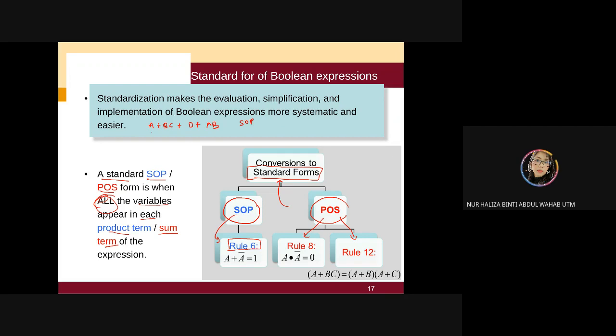From this, you need to convert each product term, this product term, this product term, this product term, and this product term, to the standard form, which needs to have all A, B, C, D, because you have B, C, D, and also A. You cannot directly just put in the variables. Instead, you're going to multiply with rule number 6.